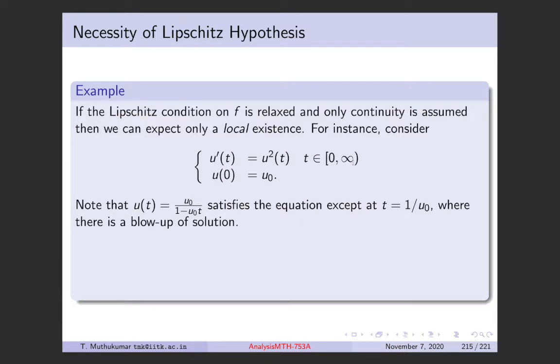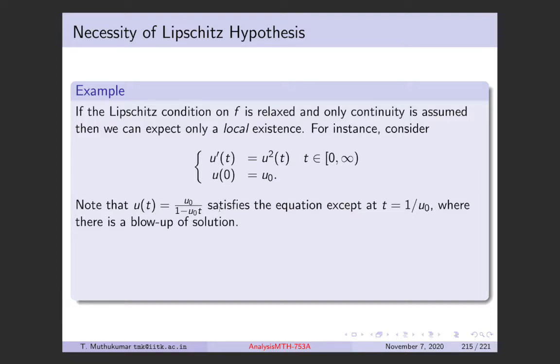The only issue is that this will not satisfy everywhere. The reason is that this solution can have a blow up when t takes the value 1 over u naught. So u naught is already given to you. Whenever t is 1 over u naught, the denominator is 0, so you have a blow up for the solution here.